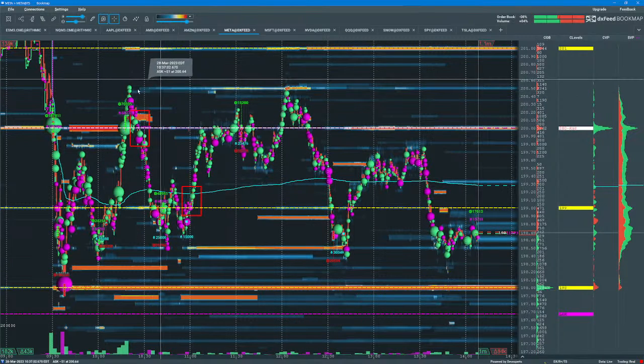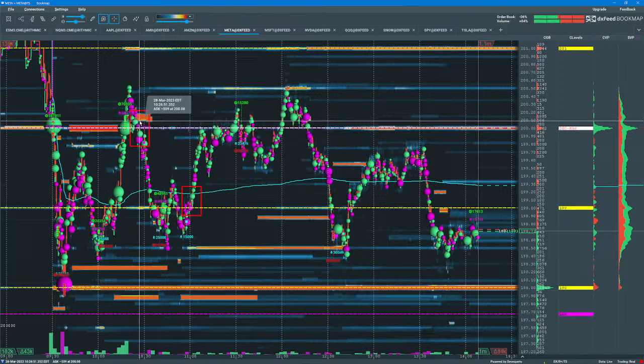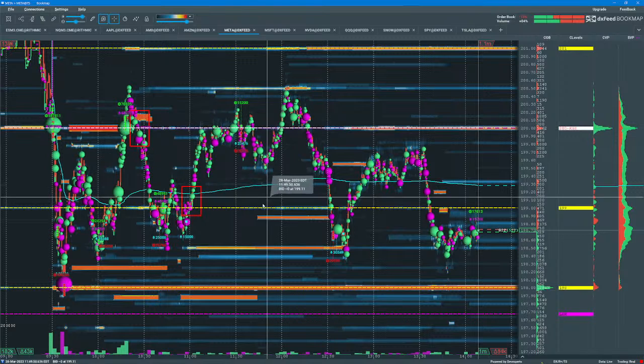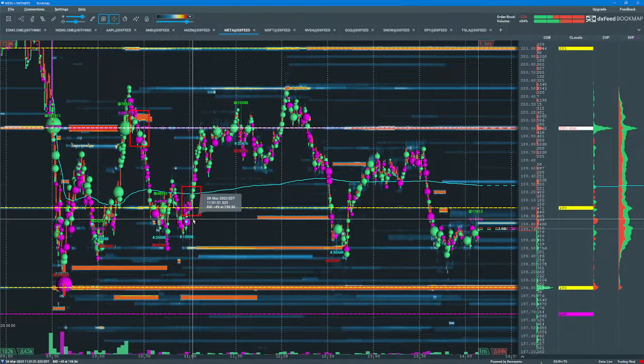Here's Meta. Short setup, reversal at the 200 key gamma strike. Then a long at around 199, back up to the 200 key gamma strike. So pretty choppy session today.